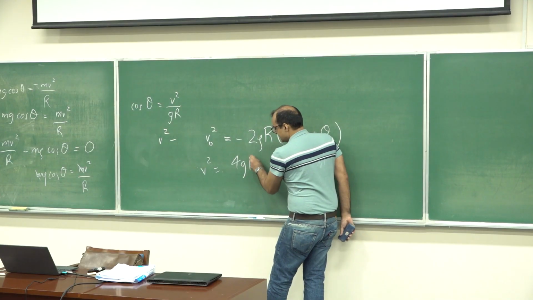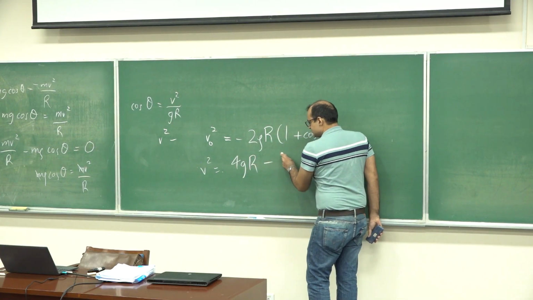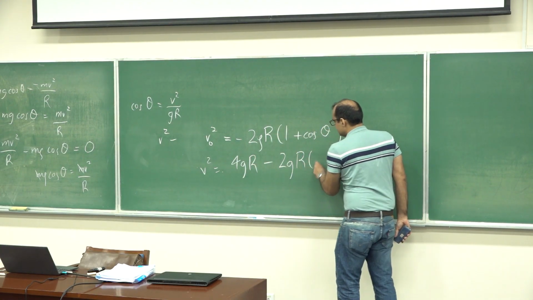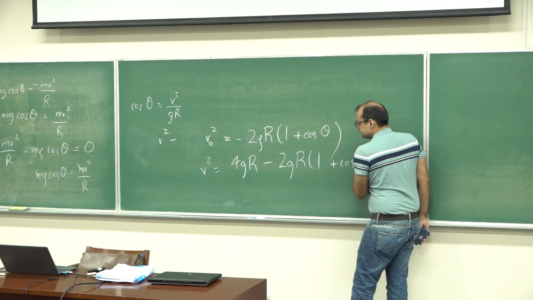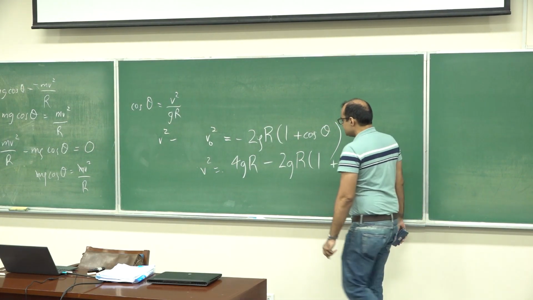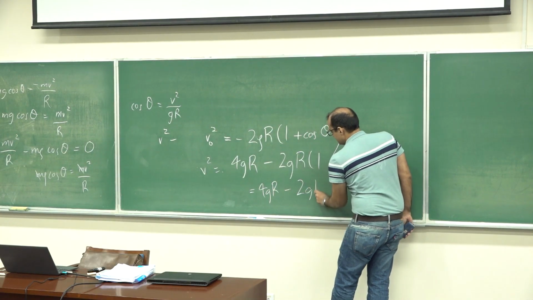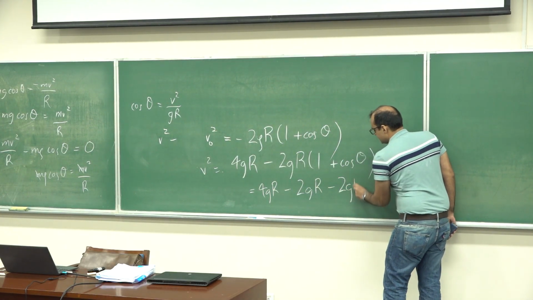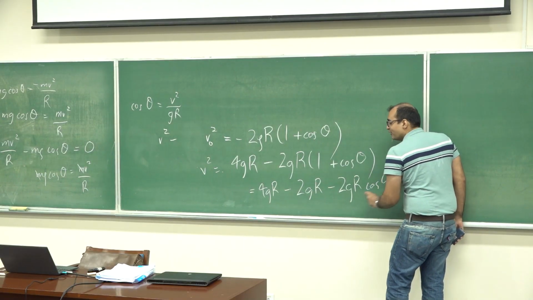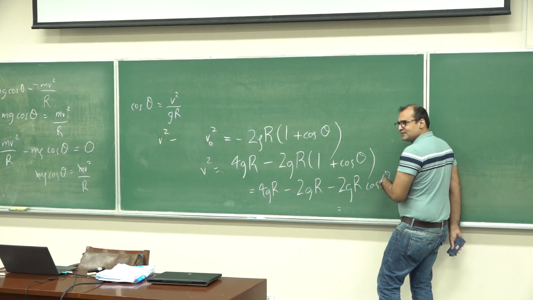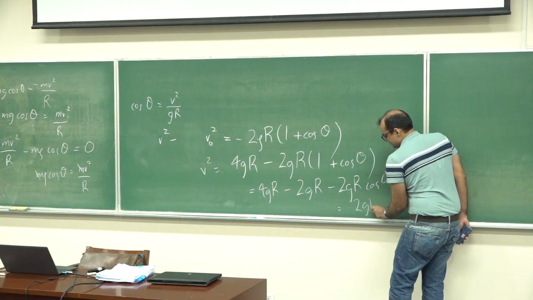So I get 4gr minus 2gr times 1 plus cos theta. And this is equal to 4gr minus 2gr minus 2gr cos theta, which is equal to 2gr minus 2gr cos theta. Look.